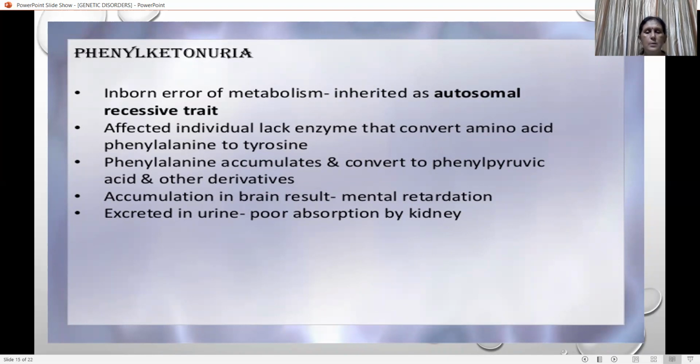So it accumulates in the brain and results in mental retardation. And in some cases, it is excreted in urine, with poor absorption by the kidney. It is called phenylketonuria.